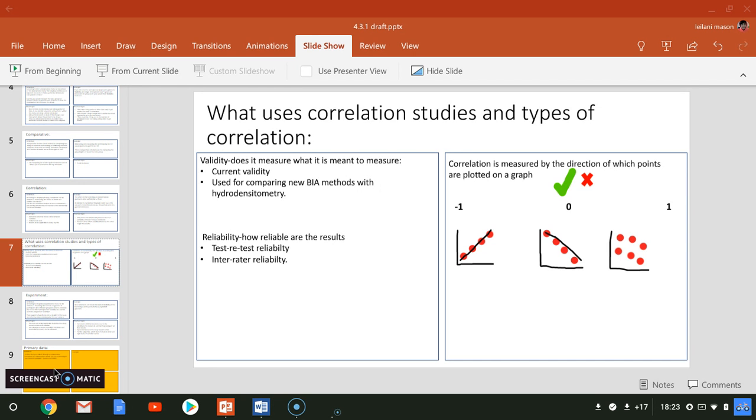The closer to +1, the closer the points are to the line of best fit, which shows that the R value of the positive correlation is very strong, whereas a scattered R value would be 0 because all the points are all over the place. However, if the points in a positive or negative correlation are still in the direction of the line of best fit but some are scattered, you might have an R value of 0.7 because the correlation is not as strong.